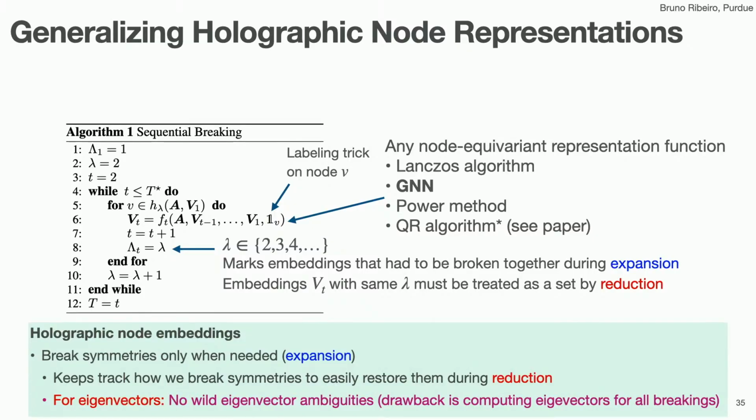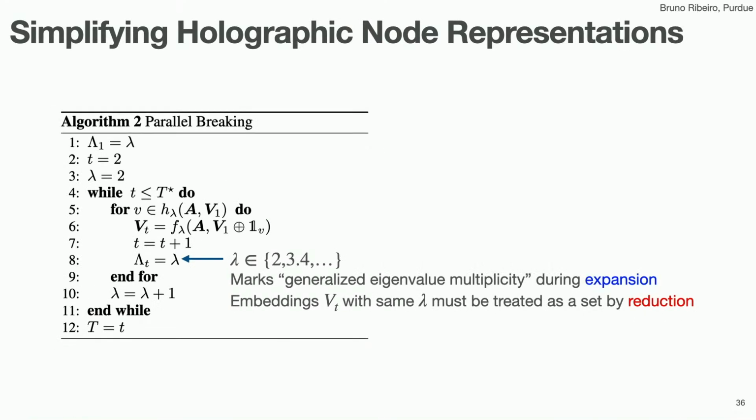Otherwise, we would have a graph isomorphism solver doing this, but we don't, because it's too expensive. Okay, and then there is another way to do this representation, which is faster, is that we break all of them in parallel. But then there is some loss in expressivity when we do that.